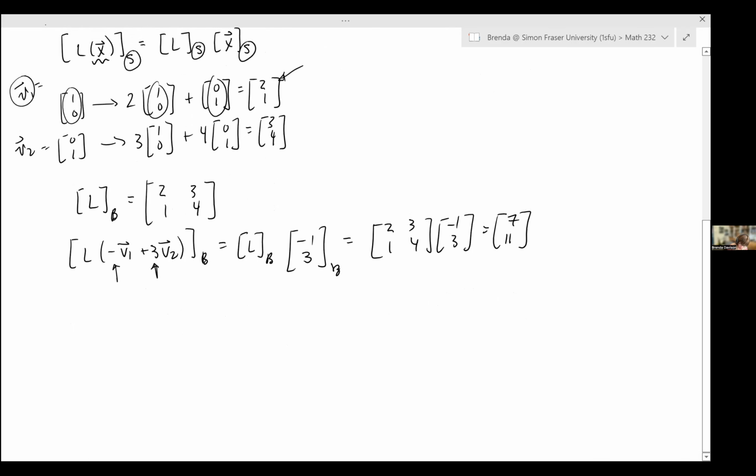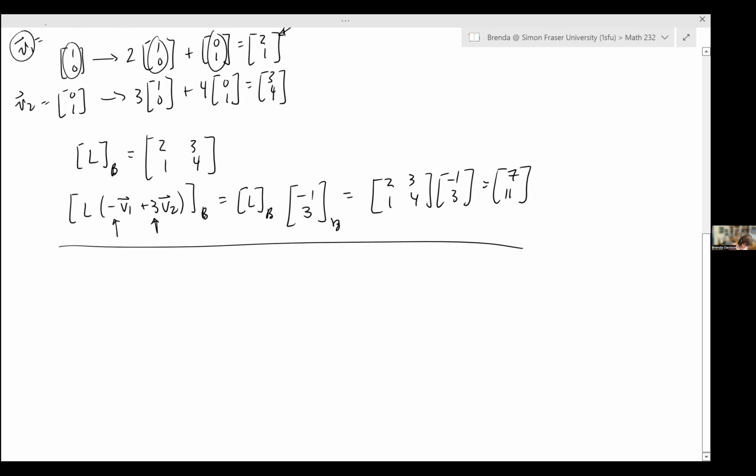Okay, next one I'm going to do is question A3. Let me just get the thing out. A3 says assume L is a linear map, so we're going to say L is a linear mapping. This is the question.